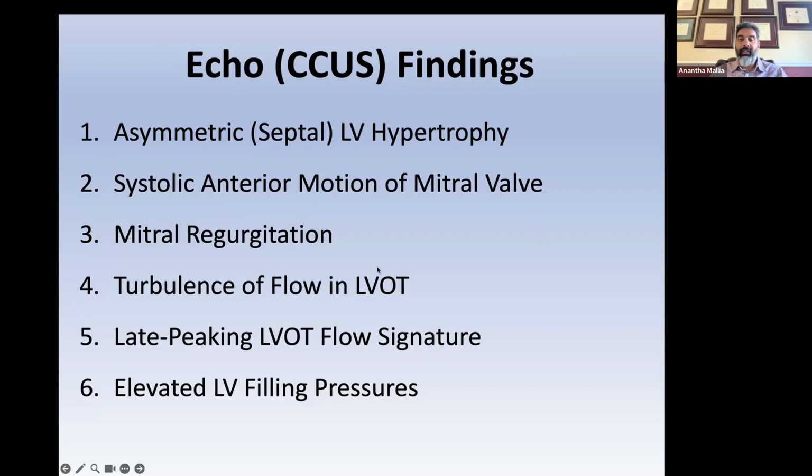The findings that we can identify with the skill set that we already have include asymmetric hypertrophy of the LV, systolic anterior motion of the mitral valve, mitral regurgitation, turbulent flow within the LVOT during systole, late peaking of the LVOT flow velocities, and elevated left ventricular filling pressures. Okay, so we're going to talk about these in sequence. And like I said, all these things you can identify using your current skill set and your current knowledge set.